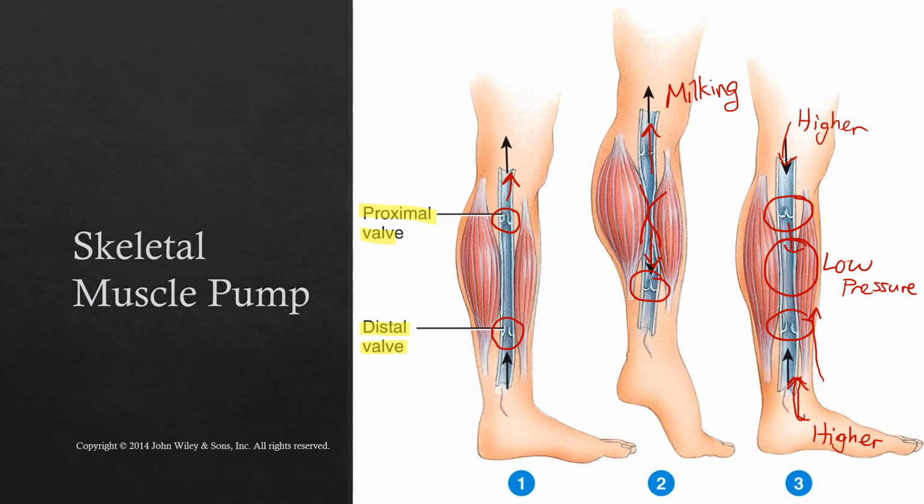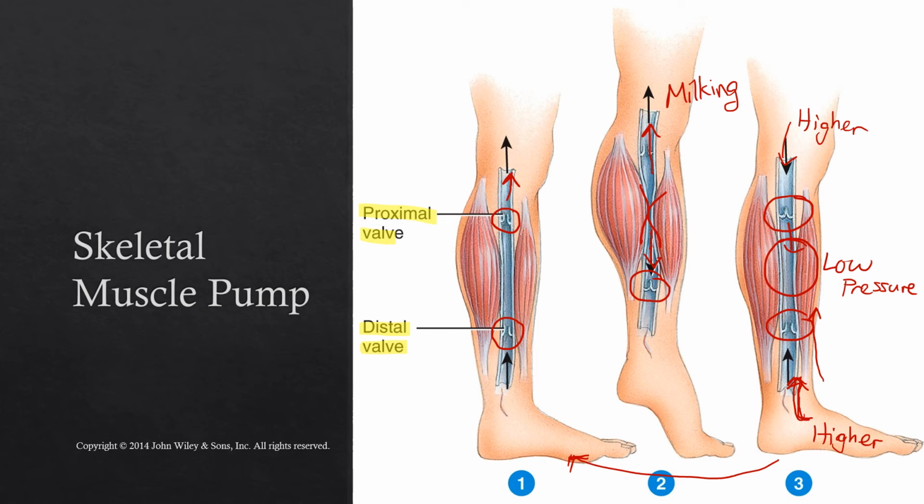Then we go through this cycle again. So we open, do some milking, and then fill that vein again, and we're moving blood that way. So it acts like a pump to move blood from lower areas of the body back up to the heart.